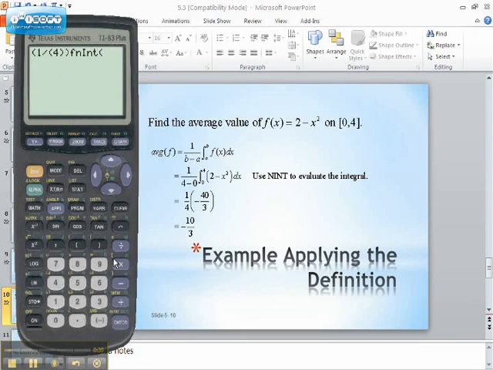And then I type in from there my function with respect to x. My lower limit is 0. My upper limit is 4. And we get negative 3 1/3, which you see your answer to be negative 10/3.